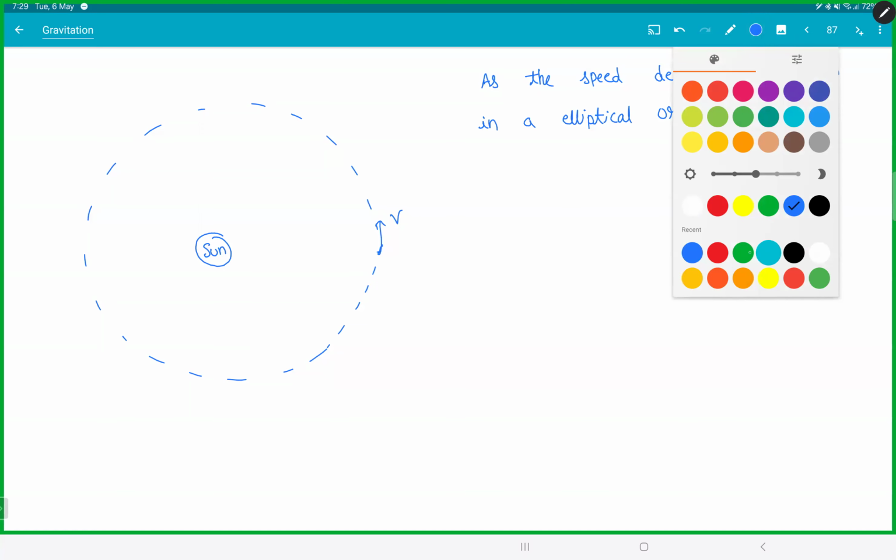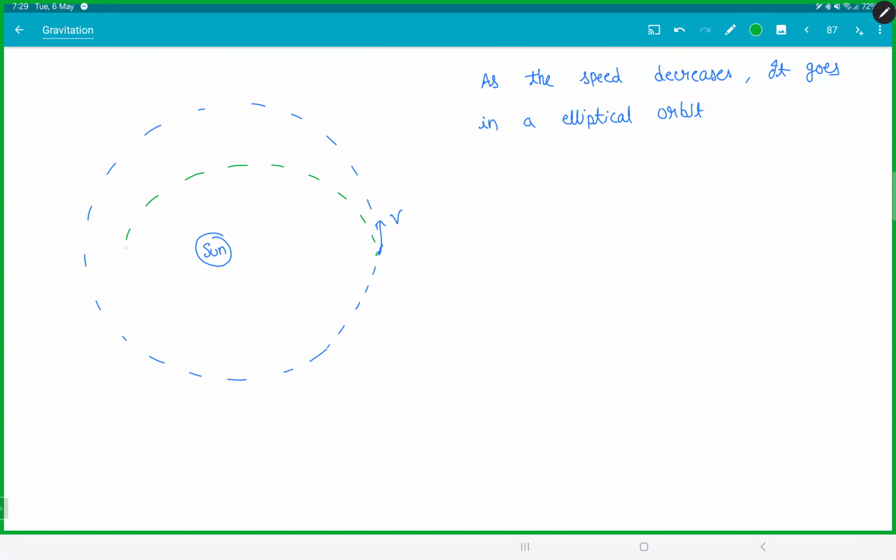Let's say I decrease the speed a little, you will go in an ellipse like this. Let's say I decrease the speed a little more, you will go in an ellipse like this. Now, if I put a situation where velocity almost tends to 0, this is the scenario where velocity v3 tends to 0. So if velocity v tends to 0, this will start becoming a straight line. Getting it? The orbit remains an elliptical orbit, and the length of the major axis decreases.